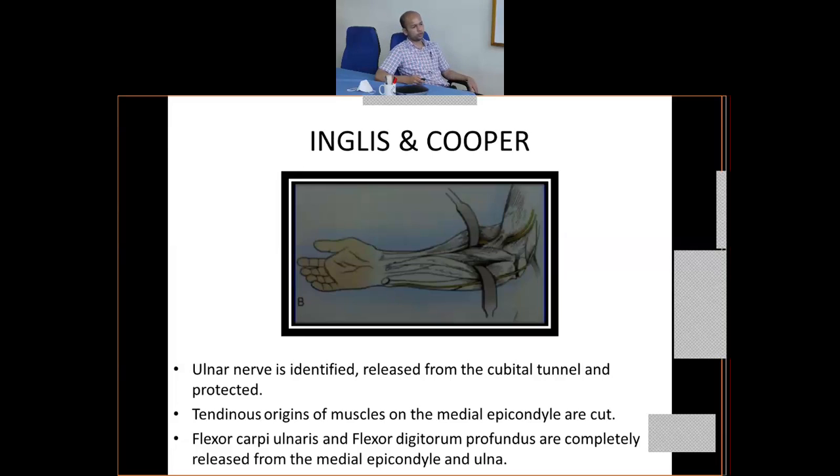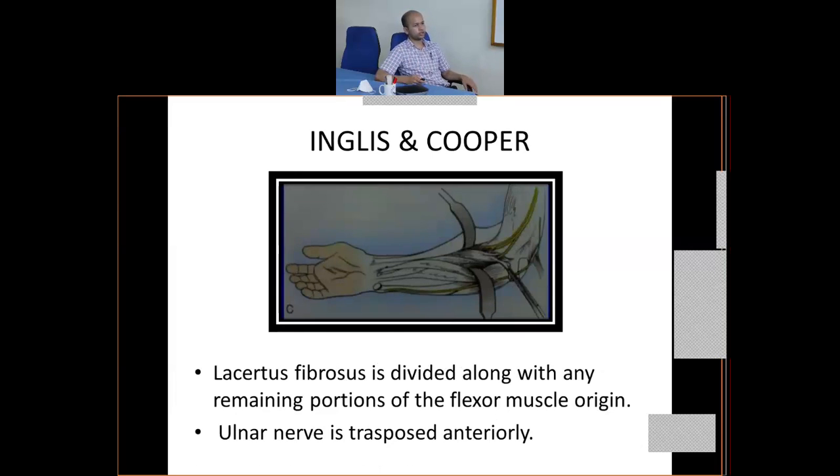And you have to anteriorly transpose the ulnar nerve also. I think it will be in the next slide. Yes, the lacertus fibrosus also you have to divide. That is why I was emphasizing the anatomy on the previous slides. If you remember, the lacertus fibrosus was covering the nerves, the neurovascular structures, as well as the common flexor group. So you have to divide the lacertus fibrosus, release all the muscles from their common flexor origin, and transpose the ulnar nerve anteriorly.